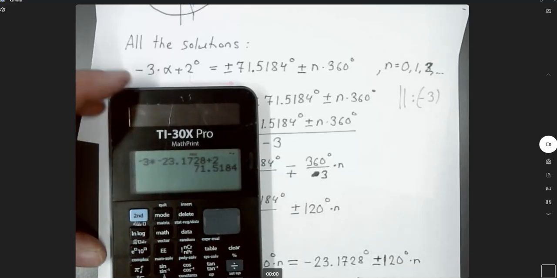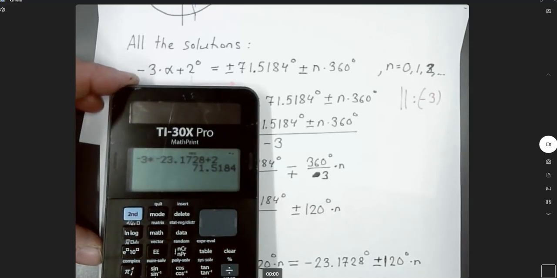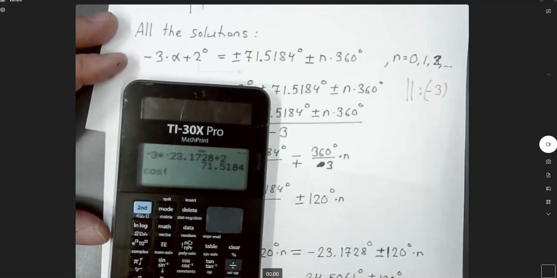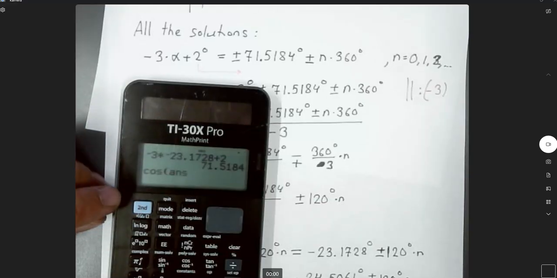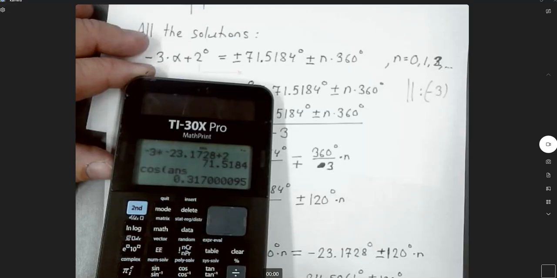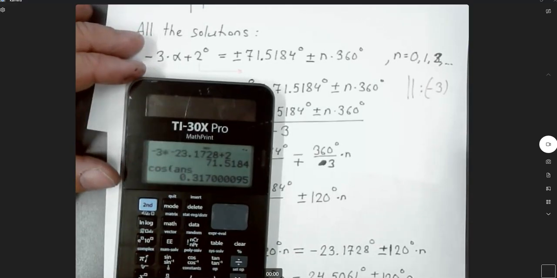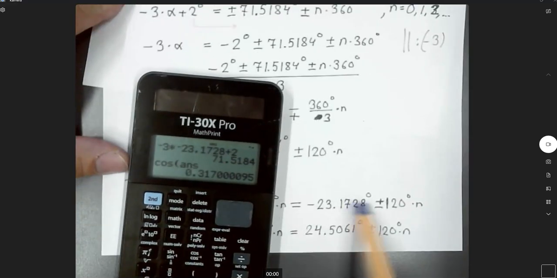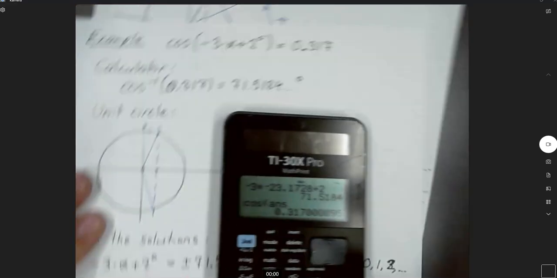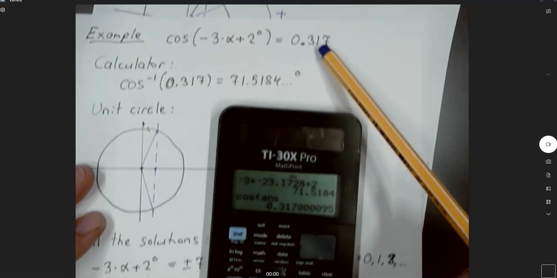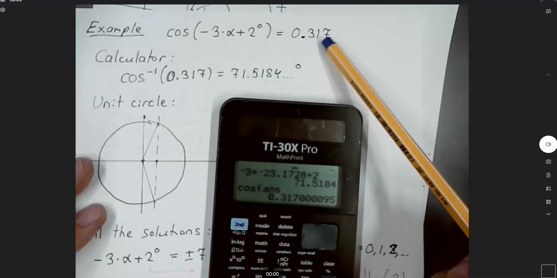So as we see, we got the value 71.55, etc. And if we take the cosine of this, we will get 0.317. There are some decimals after that, but it's because I have rounded the angles there. But as we see, the right hand side of the equation should be 1.317.